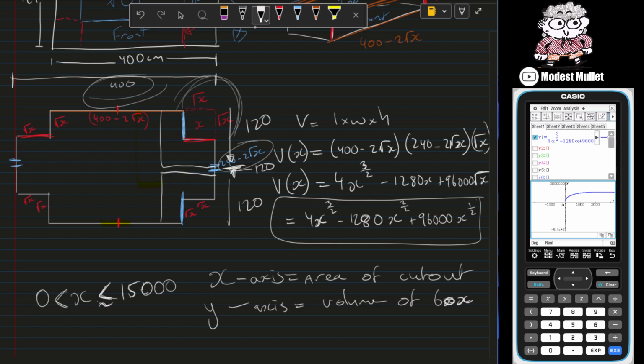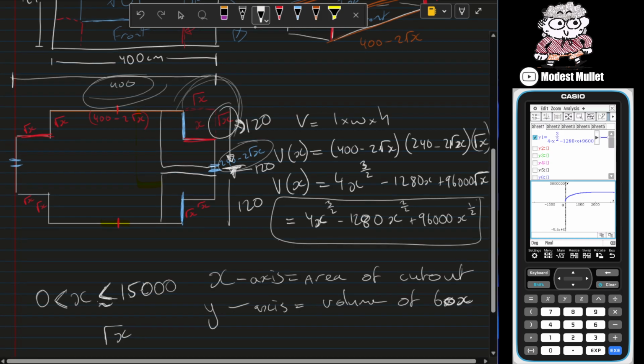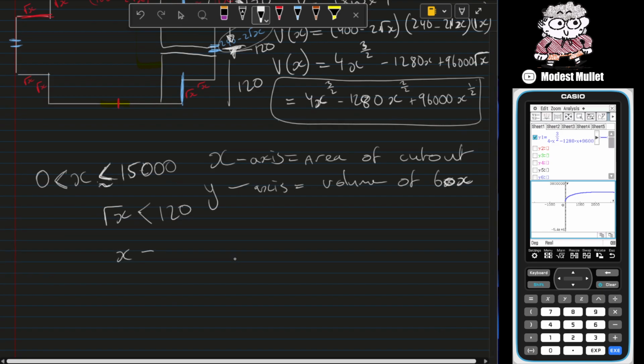So from here, we can see that square root of x can be up to 120. So square root of x needs to be less than 120. From there, that means that x needs to be less than 120 squared.